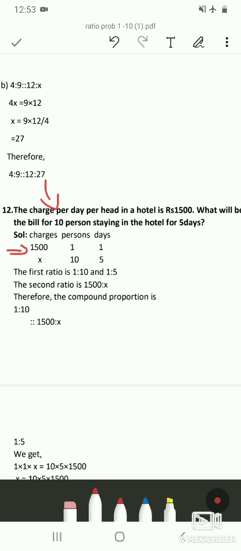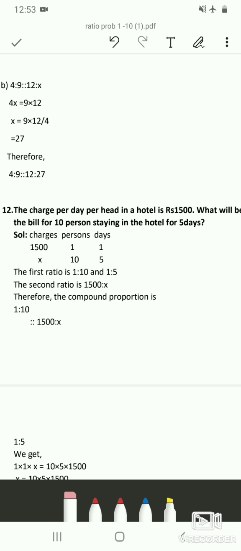So, the charge is rupees 1500 for one person staying in a hotel for 1 day. They have asked us to find what is the charge for 10 persons staying in a hotel for 5 days. So, here there are more than 2 ratios.